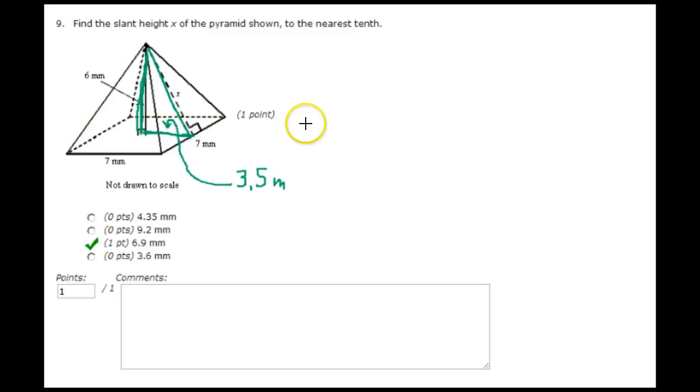So remember, with a right triangle, we use the fact that a squared plus b squared equals c squared, the Pythagorean theorem. We've got our two legs, so we have a and b. So this is going to be 6 squared plus 3.5 squared equals c squared.